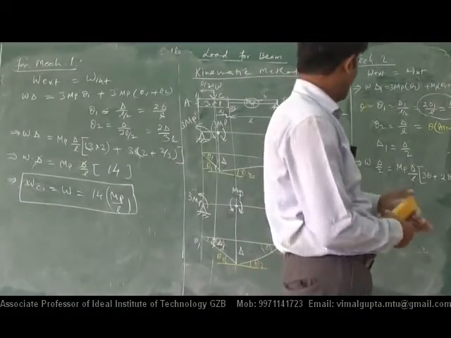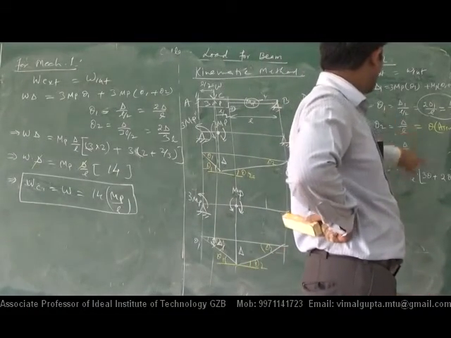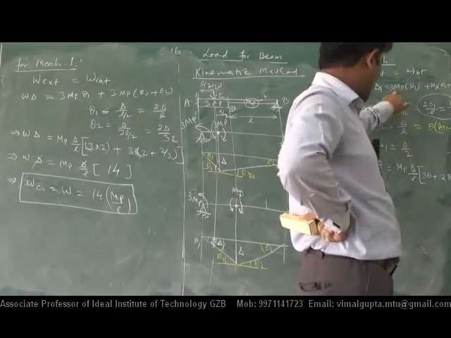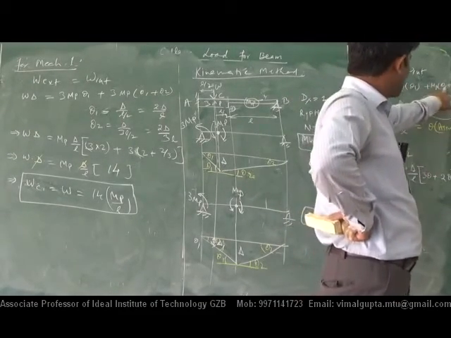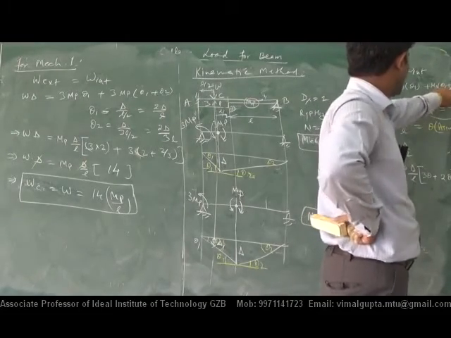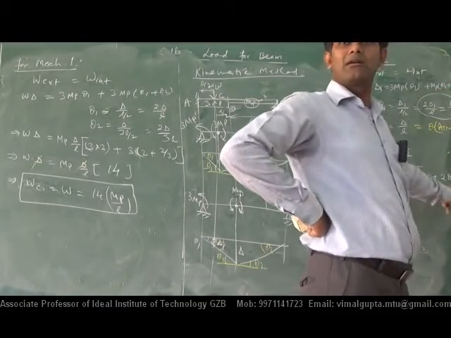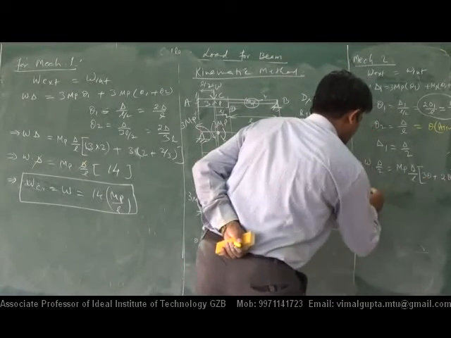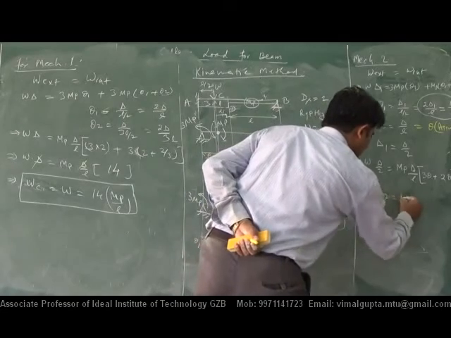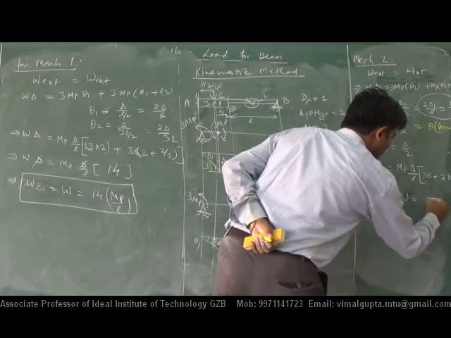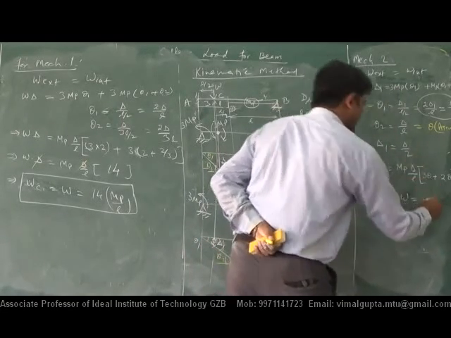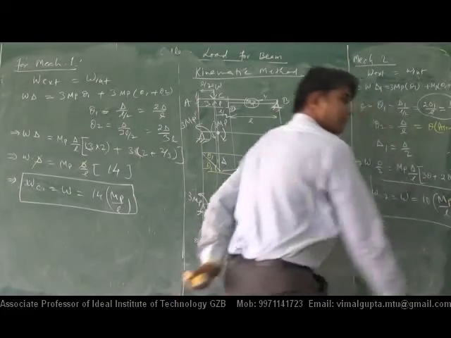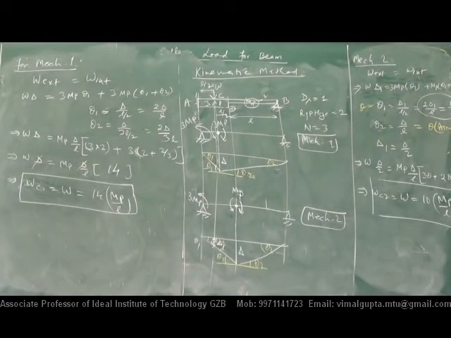So okay, let me check. Theta 1 is theta. Okay, 3 times is okay, correct? Theta 1 plus theta 2, both are same, theta 2 theta. Is it correct? So it is 5. So the value of WC2 equals to W equals to 5 means 10 MP by L. 10 MP by L.